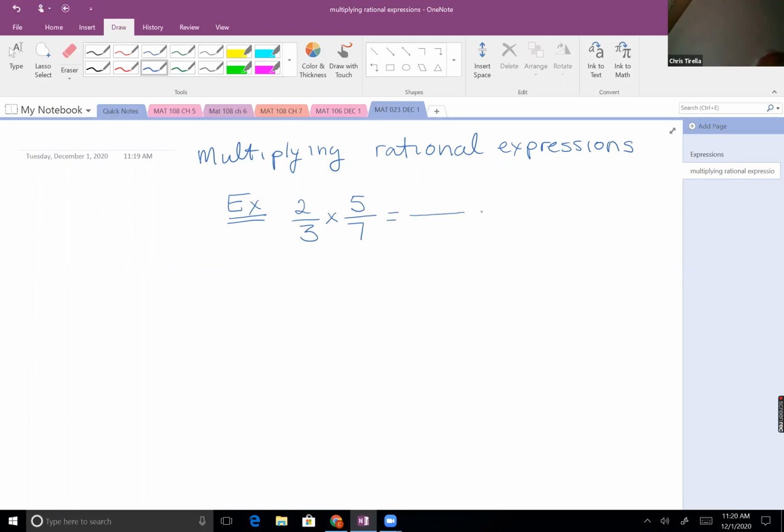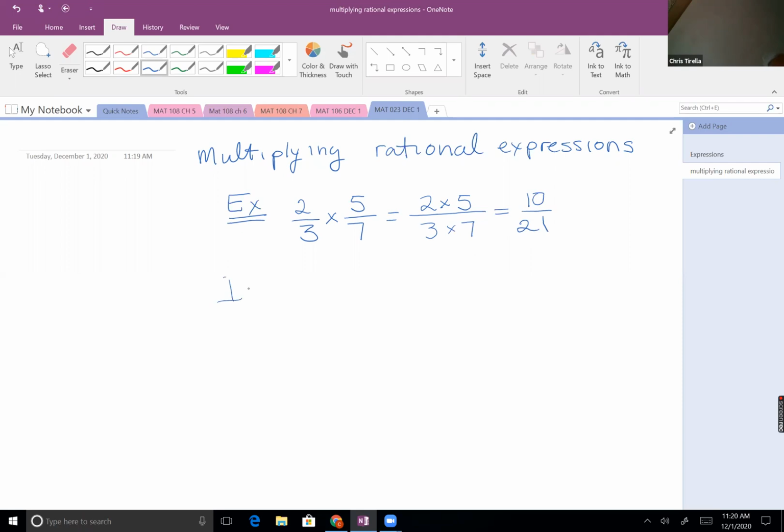Does anybody remember what you need to do to multiply two numeric fractions? Do you remember you take the product of the numerators and put it over the product of the denominators? And so that'll give me 10/21.